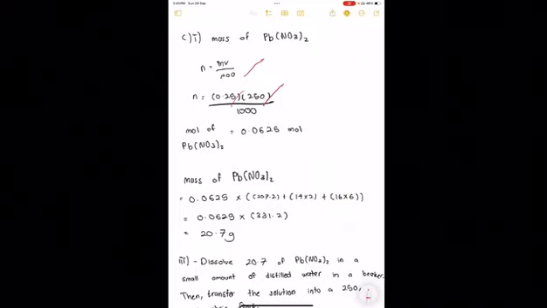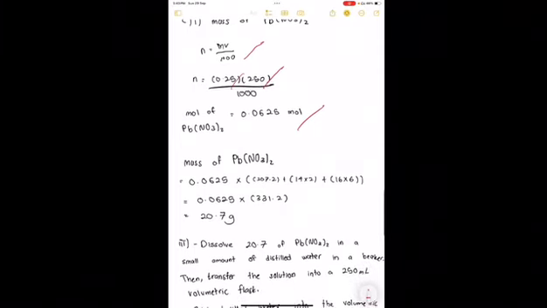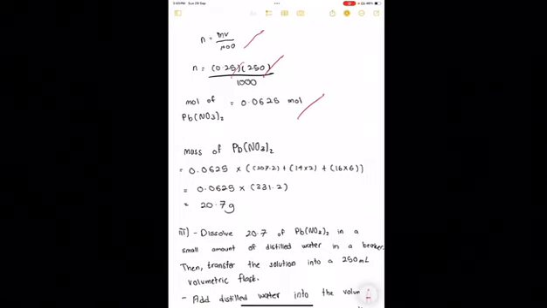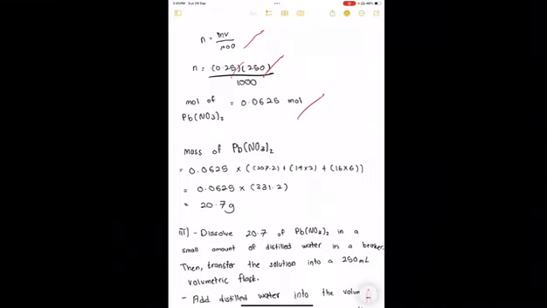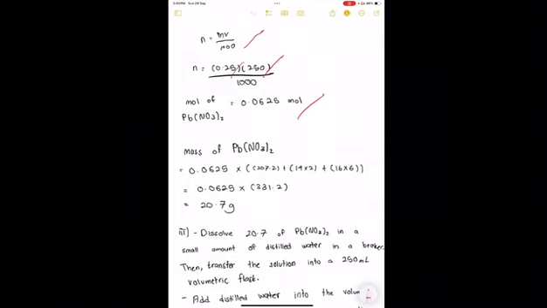So we can get the moles of lead(II) nitrate is 0.0625 mole. Then we can find the mass of lead(II) nitrate by using the moles times the molar mass of Pb(NO3)2. So we use 0.0625 times the molar mass of the compound. Then we can get the mass of Pb(NO3)2 is 20.7 gram.